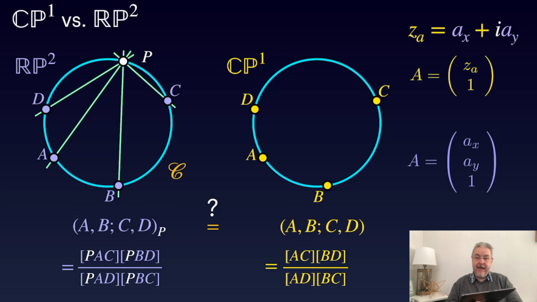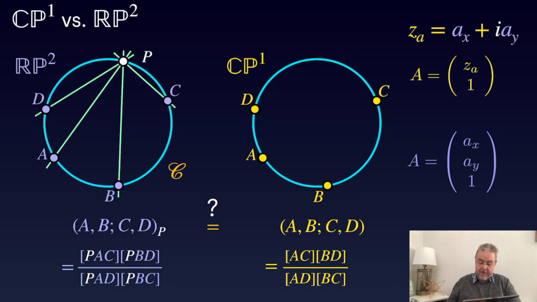Again, you may ask, is it okay to take the standard embedding? But again with the same argument: the cross ratio is invariant under projective transformations, so it doesn't matter if you take the standard embedding or any other embedding, it will always be exactly the same number. So taking the standard embedding in that case is okay as well.